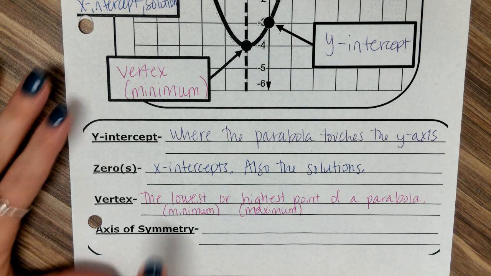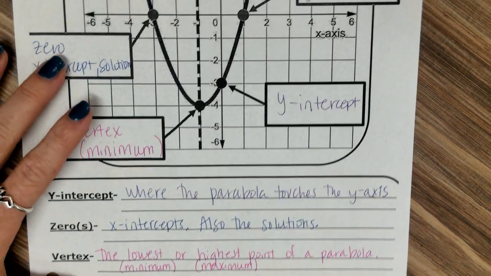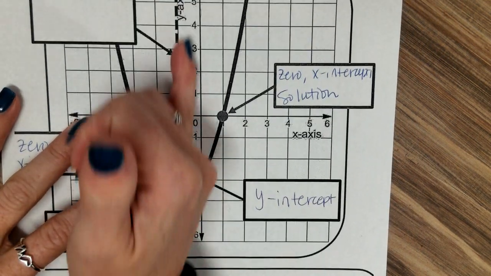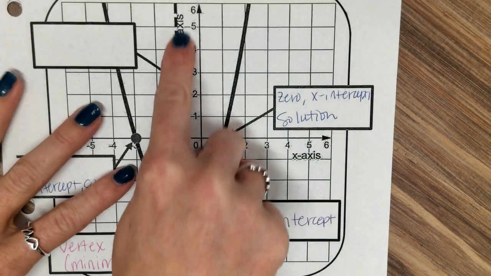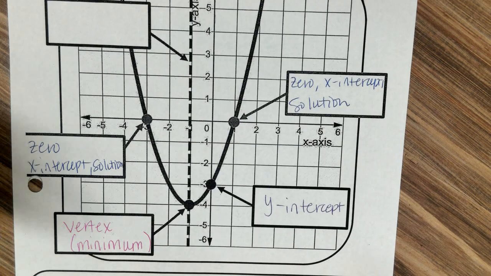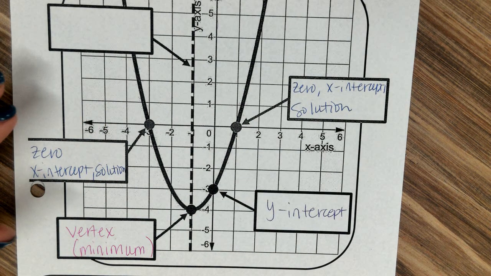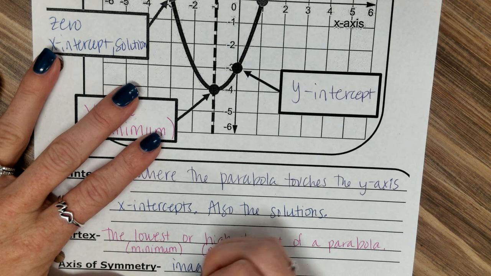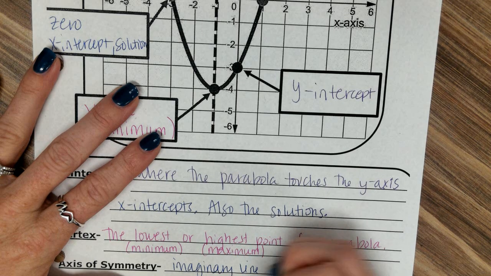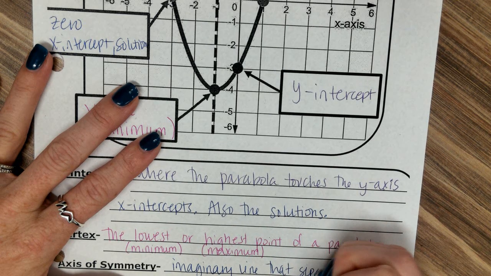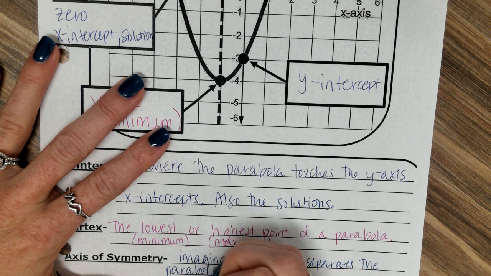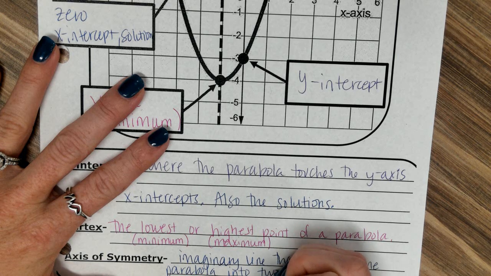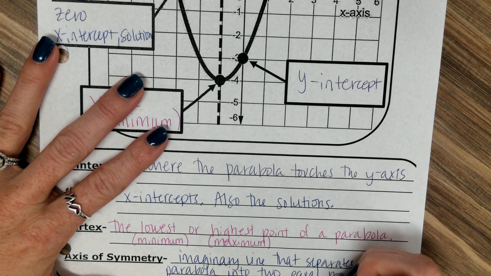The axis of symmetry is your last definition, and it divides the parabola into two equal parts. You will not always see it drawn like this dashed line. So it's an imaginary line, so let's write that down. It is an imaginary line that separates the parabola into two equal parts.